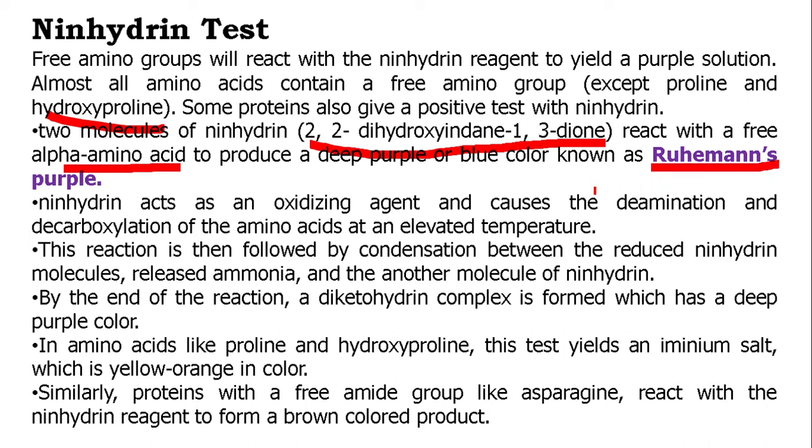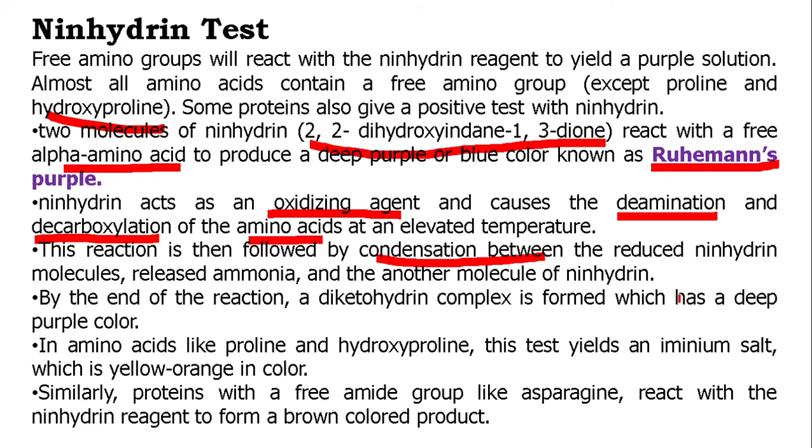And you see ninhydrin is acting as an oxidizing agent, causes deamination, which means removal of ammonia, and decarboxylation, which means removal of carbon dioxide from the amino acids. Then there is the condensation between the reduced ninhydrin. Remember, oxidizing agent is reduced.